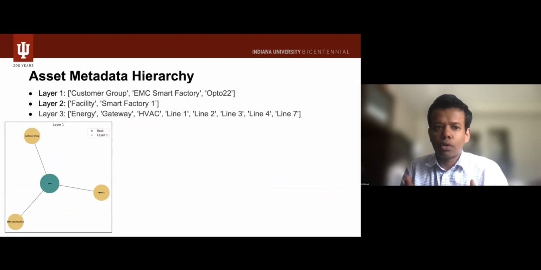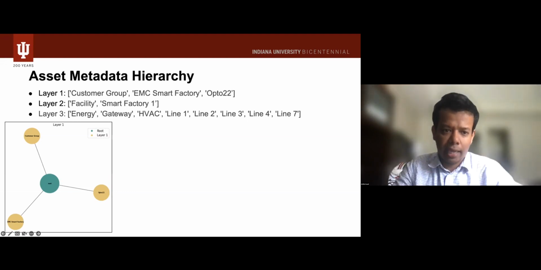So if I discuss our goal 1, as I said, we have different devices and different features, and they are related. Here is one particular example. At the top level, in the data that we have, there are 3 different categories: customer group, EMC smart factory, and Opto22. If I create a hypothetical root node, it will have 3 branches representing these 3 categories.